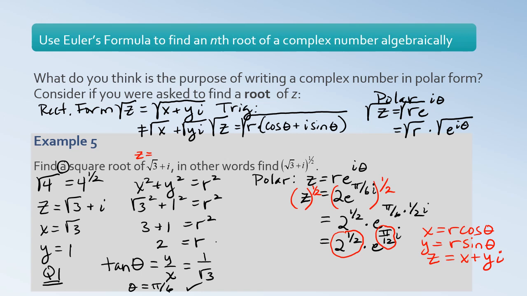So what is x? x is going to be equal to whatever my r value is, which is 2 to the 1/2 power times the cosine of pi over 12, let me put parentheses around that, plus i times the sine of pi over 12.